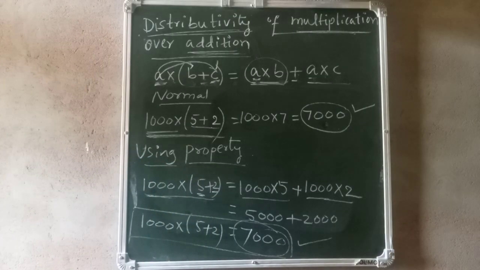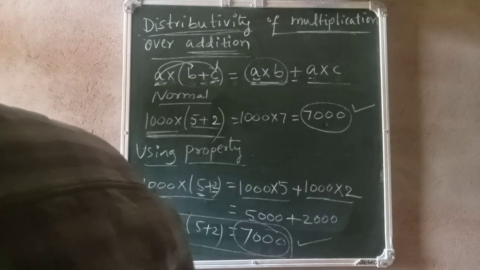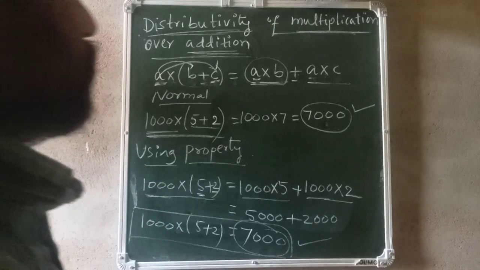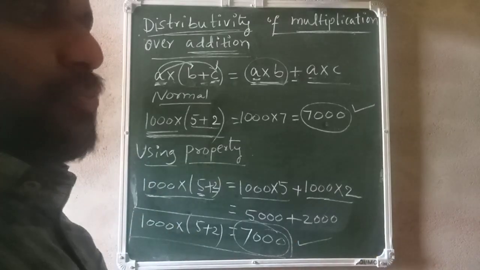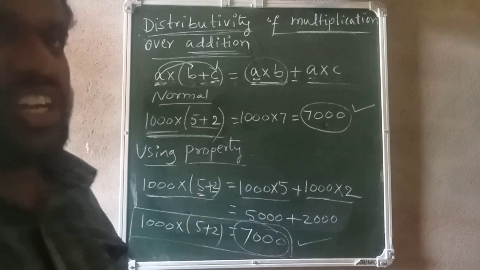Okay. Now we will take negative numbers. We will take all negative numbers for A, B, C and we will check.